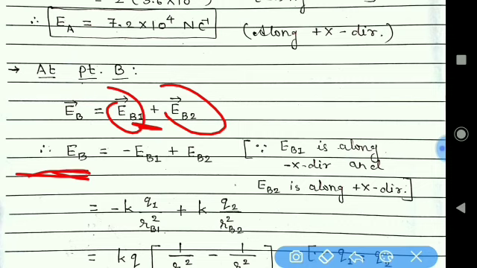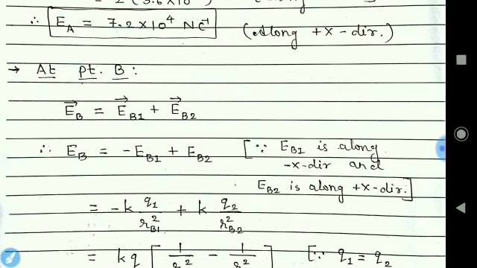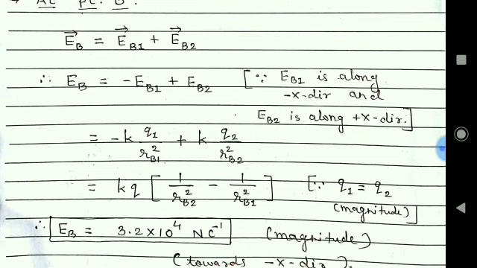So here the electric field due to the first charge particle is towards the negative x direction, so the sign is minus, and due to the second charge particle the electric field is in the positive x direction, so it is plus.